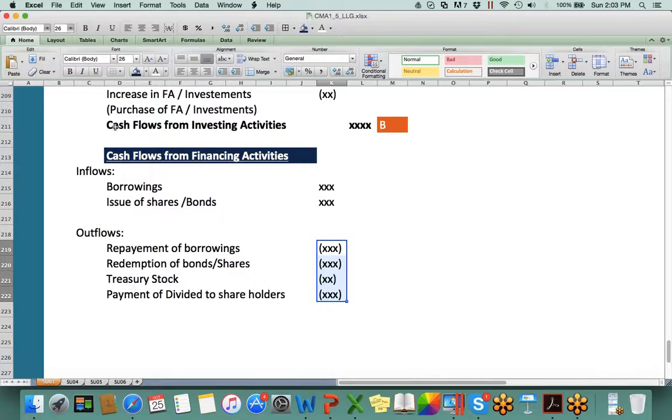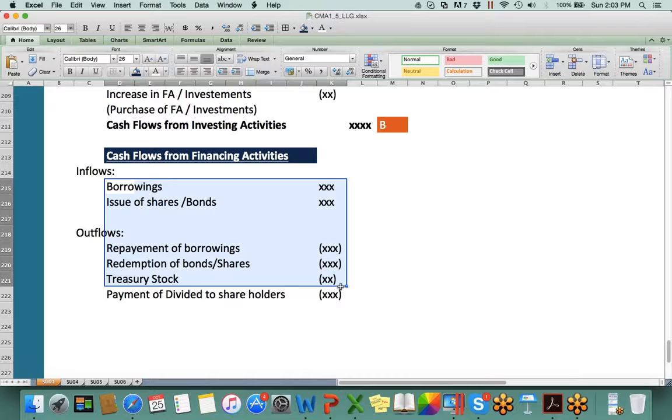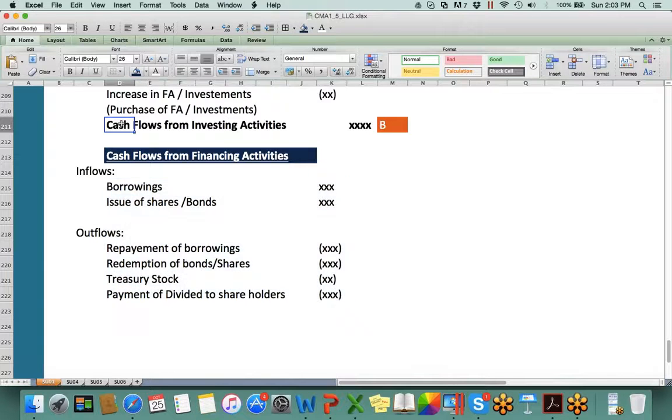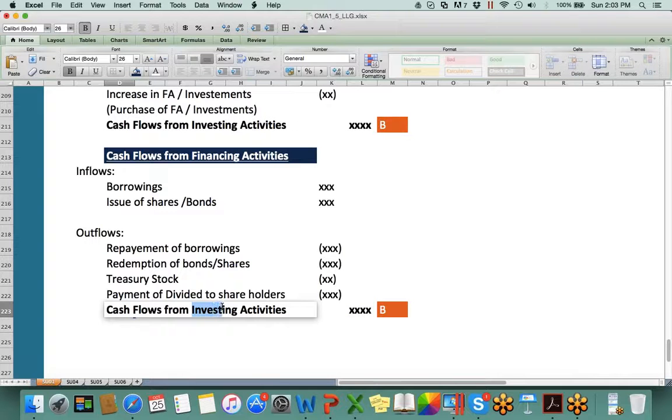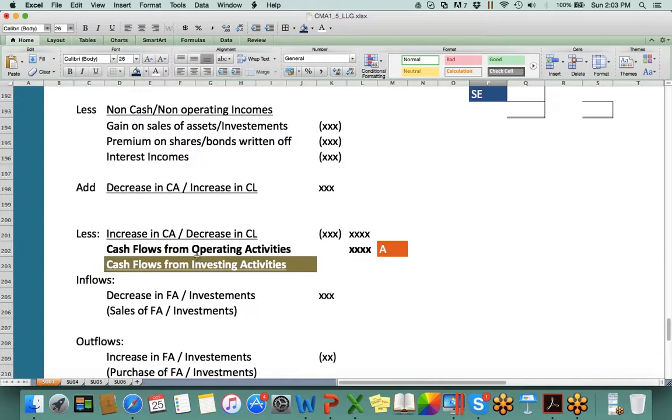So these two amounts are in and these four amounts are out. You may have less than this, but the maximum points will be this much. Take the net amount and you will get cash flows from financing activities.